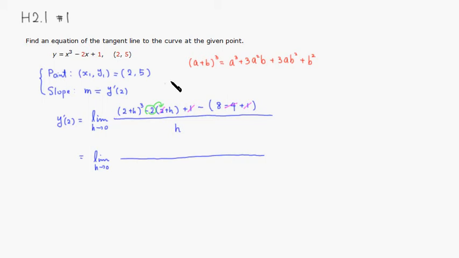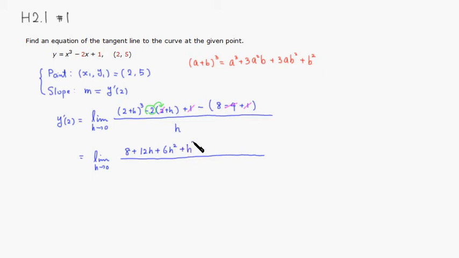Using that, a is 2 in this case, and b is h. So 2 cubed is 8, plus 3 times 2 squared times h. 3 times 4 is 12h. Then plus 3 times 2 times h squared, so it's 6h squared. And then h cubed.